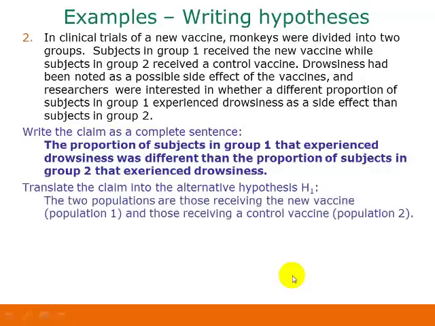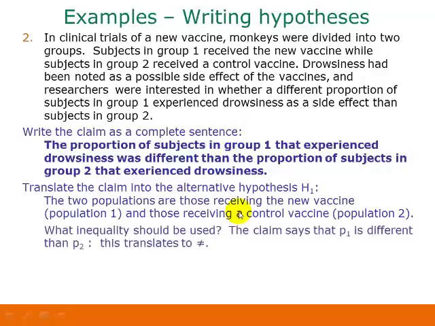Now, to translate this, again, we're deciding what our two populations are. Since we already have it stated as group 1 and group 2, it would be easier to make those match. So let's say that population 1 is those receiving the new vaccine, because that was group 1, and those receiving a control vaccine would be population 2, because that was group 2. And what inequality should we use?